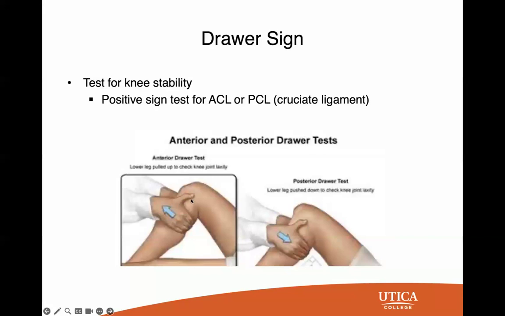If you think again, the posterior ligament, if it's intact, will allow a little bit more stretch and flexibility in this direction, whereas the anterior ligament should stop you at a reasonable place, right? You should get to a point where it's just not going to let you pull anymore or push anymore. So if that wall, so to speak, is no longer doing what it's supposed to, there's nothing stopping you until you fully tense the alternative ligament. So again, having an idea of your anatomy becomes important here.